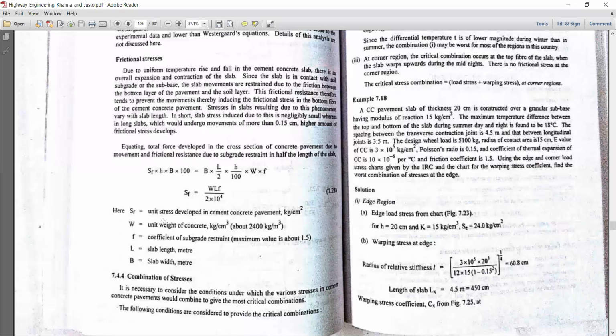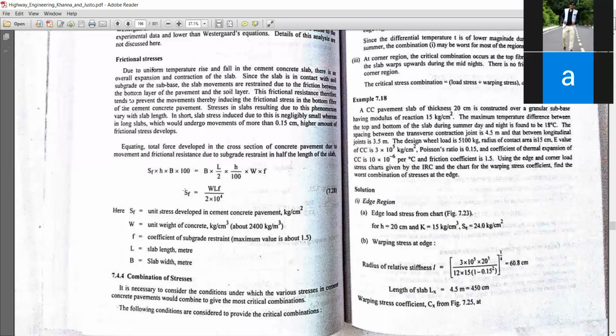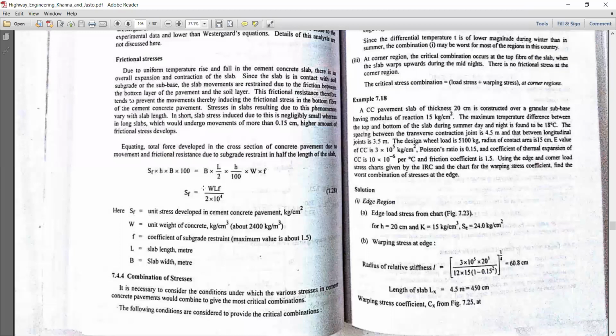L is slab length, B is slab width. By equating these two, we get the formula SF equal to WLF upon 2 into 10 raised to 4, where W is the unit weight of concrete, L is the length of the slab, and F is the coefficient of friction.